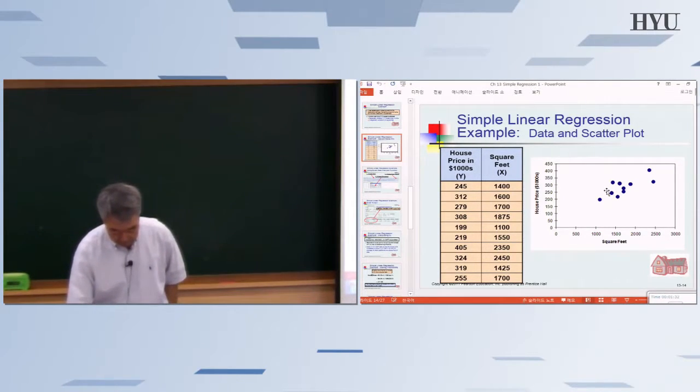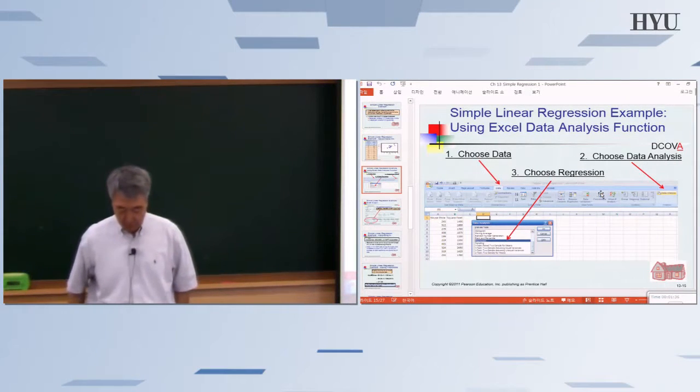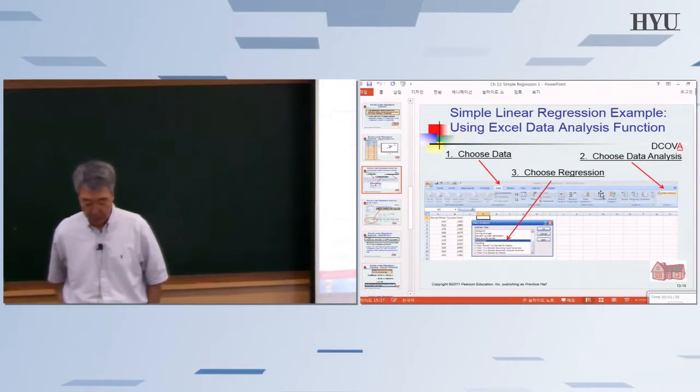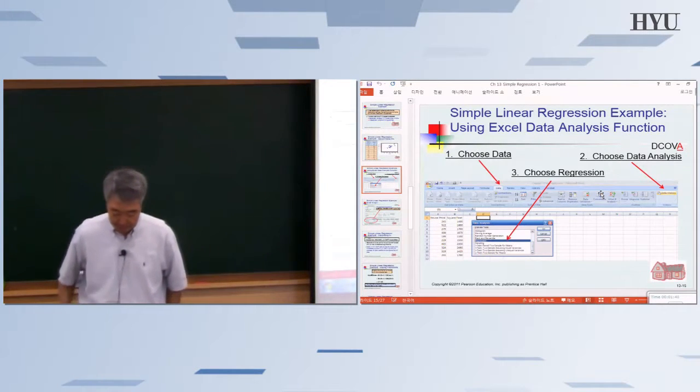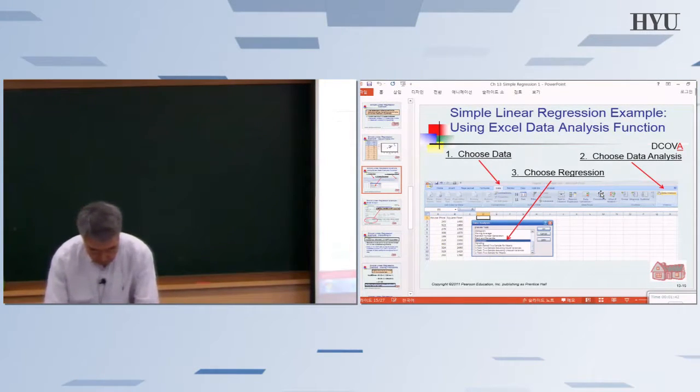And then you can run the actual regression. And let me show you how to do that here in Excel today. So first step is choose the data, right here, clicking on the data here. And the second step is click on the data analysis, and then you choose regression.